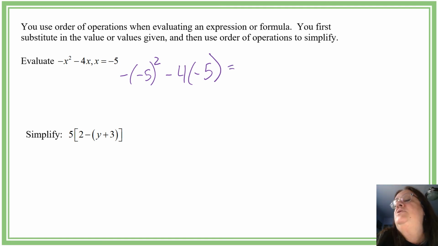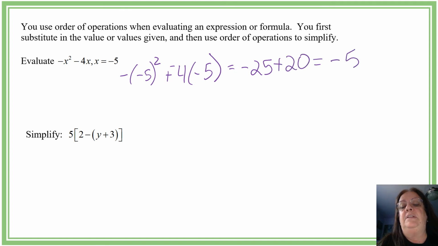Well, -5 squared is a positive 25. But I have a negative outside, so I end up with -25. Now here, I have a -4 and a -5, which is going to give me a positive 20. So I'm adding 20, so I'm left with -5.